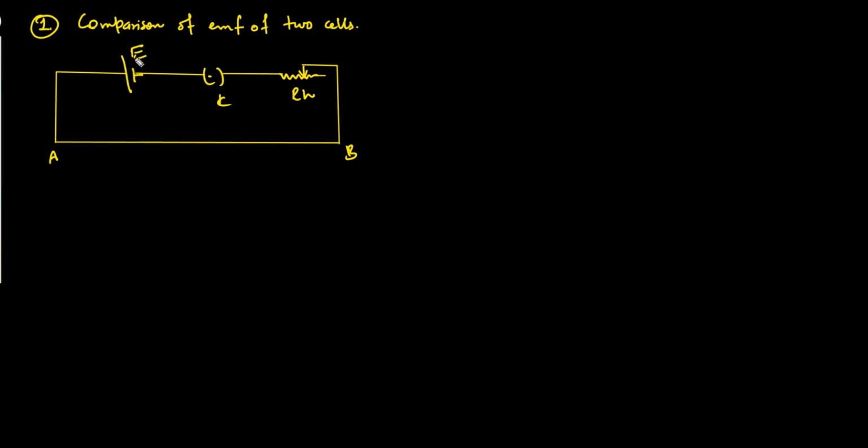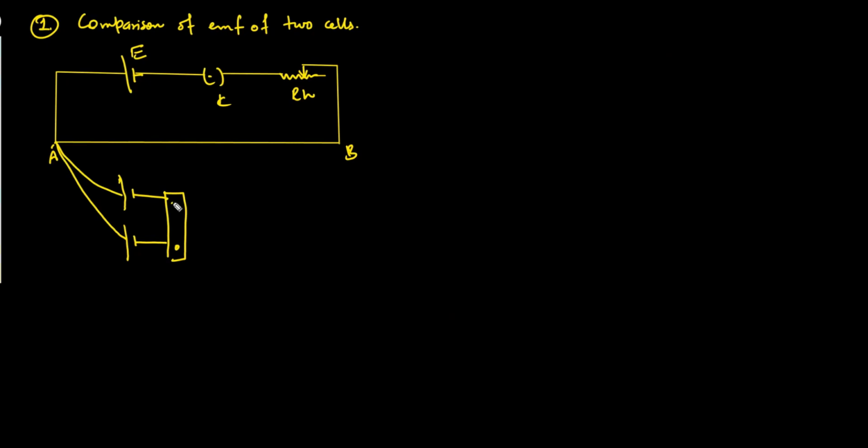Let the EMF of the auxiliary cell be capital E. Now two cells will be there and both the cells' positive terminals are joined together to the point A. And negative terminals are connected to a two-way key.